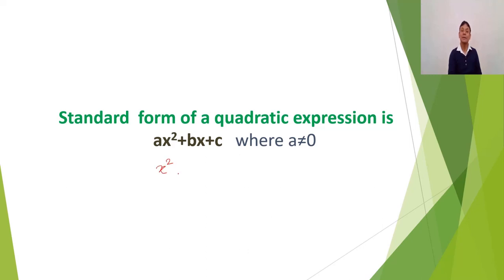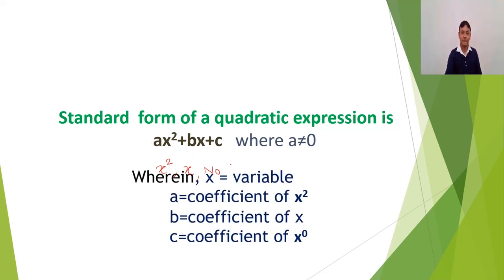In front there will be x square, then we will have x, then we will have a number, where a is the coefficient of x square, and b is the coefficient of x. x square ko agadi ko number a, that is called the coefficient of x square, x ko agadi ko number b, that is called the coefficient of x.